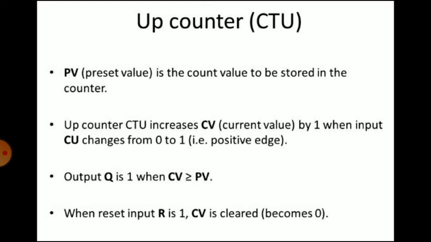Output Q is 1 when CV is greater than or equal to PV, meaning when the current value reaches the preset value, Q will be on. When reset input R is 1, CV is cleared, meaning the current value becomes 0.